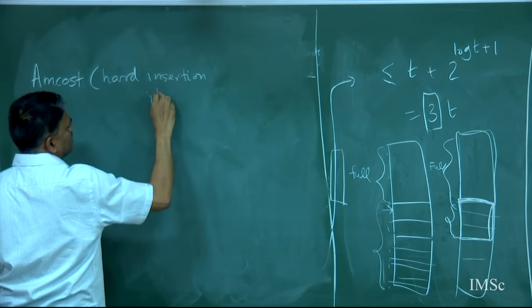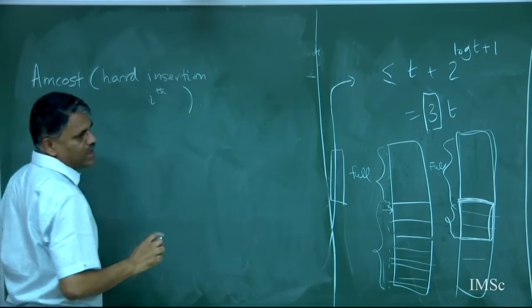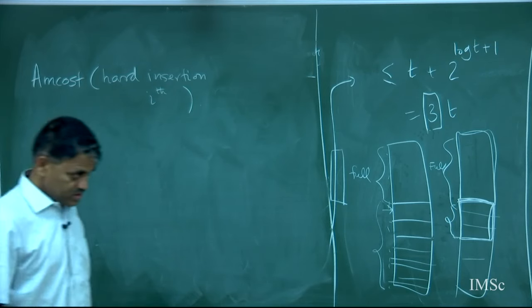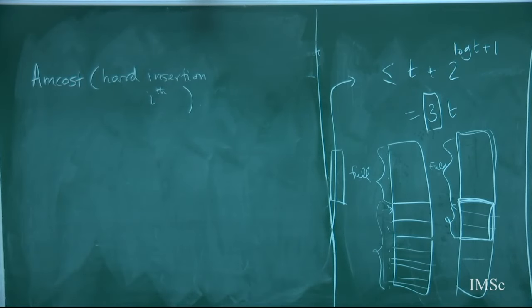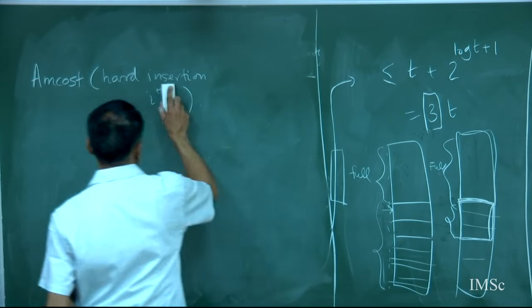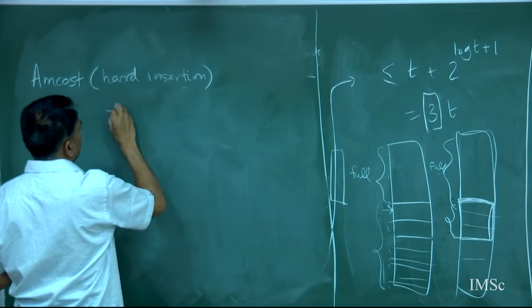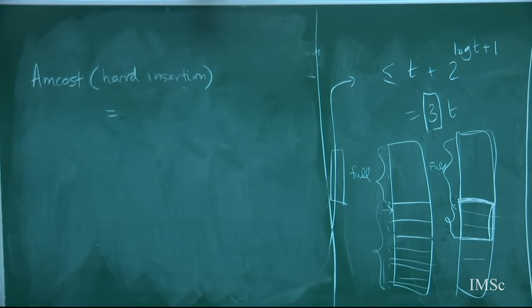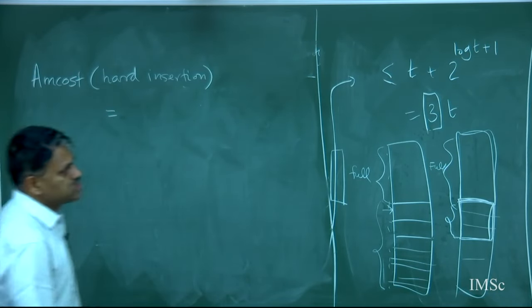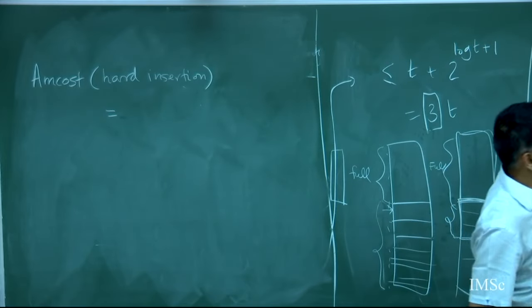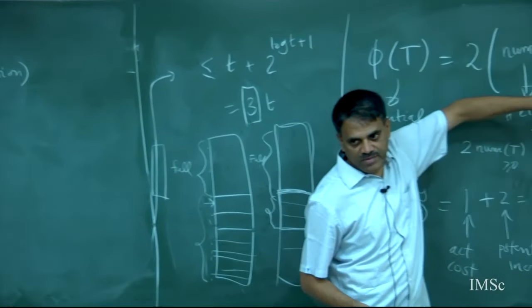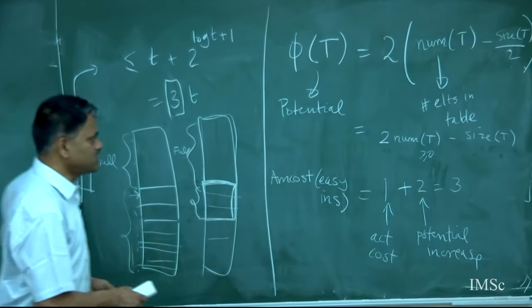So this is the ith operation. It's a hard insertion. Actually no, I don't even need this. Hard insertion. Well, what is the actual cost? Let's use this notation: number of elements in the table and the size of the table.